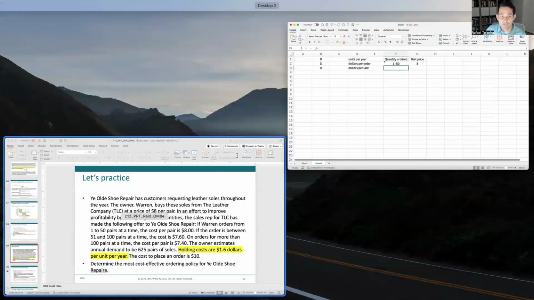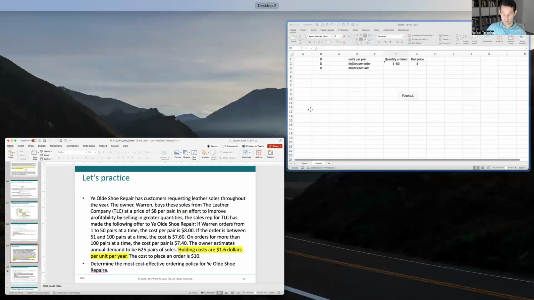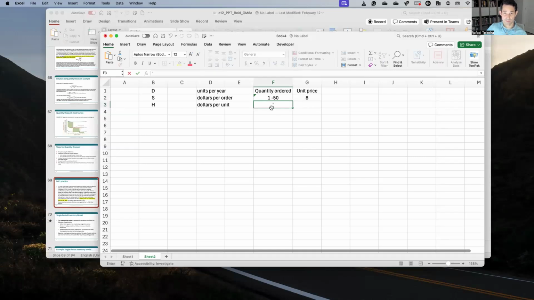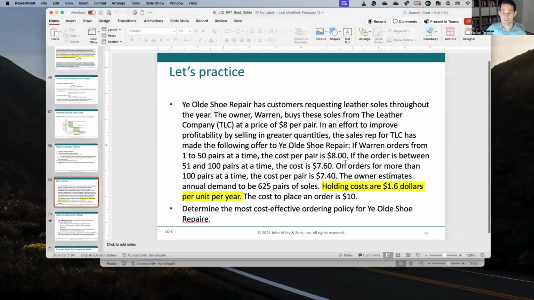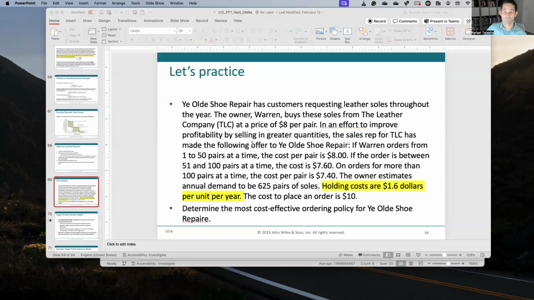What else? If the order is between 51 and 100, it is $7.60. I'm typing this sign here so Excel doesn't come up with wrong values for me. And for orders of more than 100 pairs, it's $7.40. So we have a table here with different quantities and different prices.